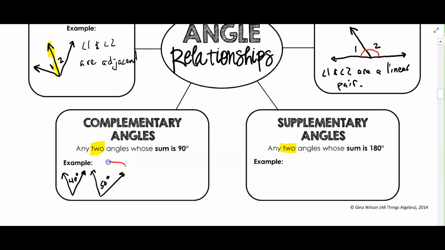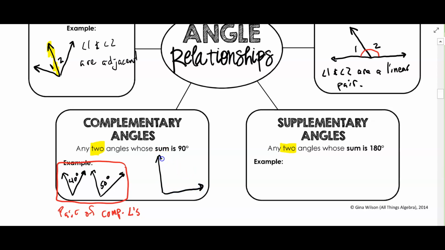So this would be a pair of complementary angles. Usually we just abbreviate it COMP, and I'm going to use the angle symbol, pair of complementary angles. Now, these two angles don't happen to be attached.